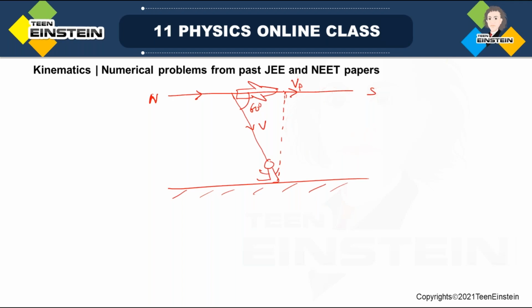So what we can write is cos 60 degree is equal to what? This is the vertical, so cos 60 degree means base by hypotenuse. So Vp by V.